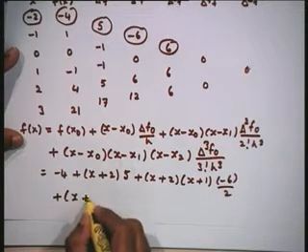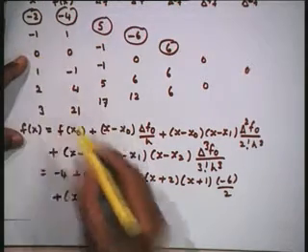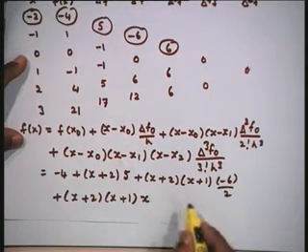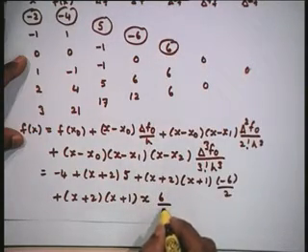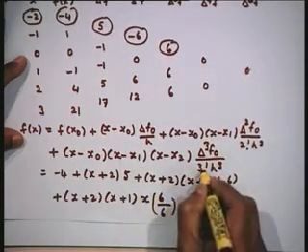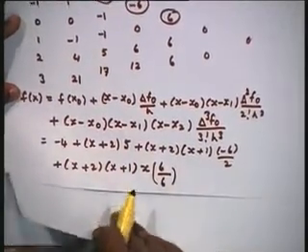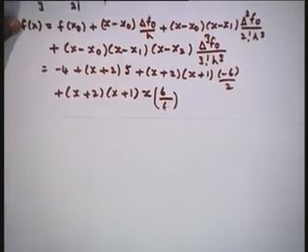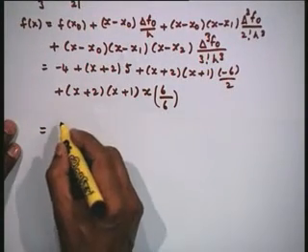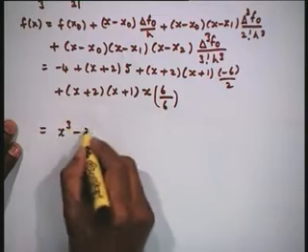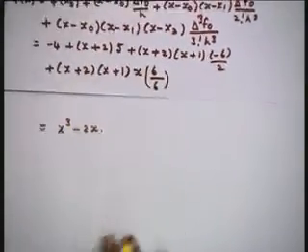Third term is x plus 2, x plus 1, and the third one is x minus 0, so that is your x. Third forward difference is 6, 6 upon factorial 3, that is 6 upon 6. You can simplify this, and the answer is simply x cubed minus 2 x.